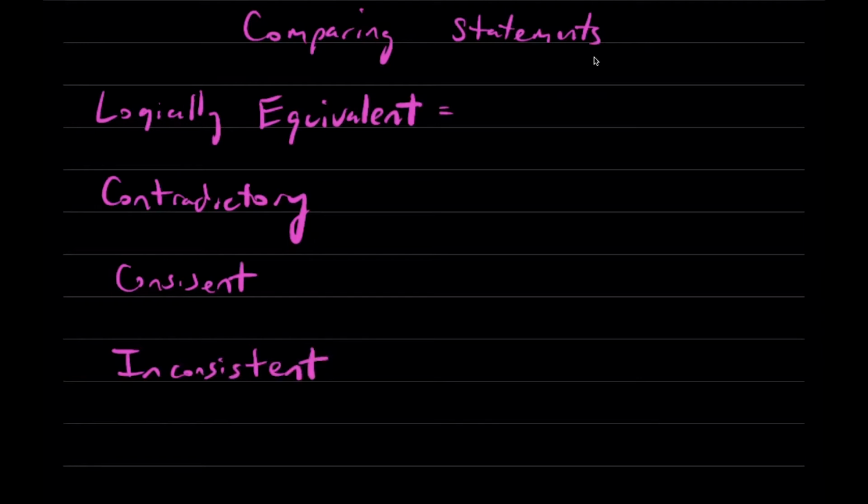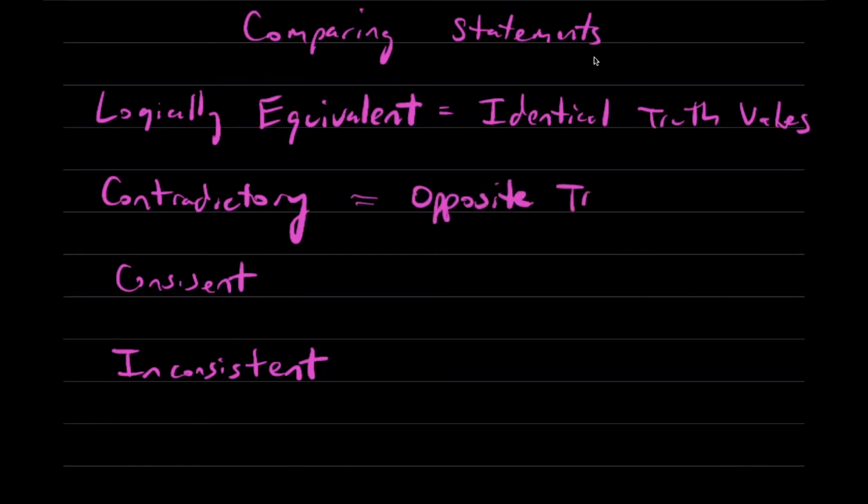I think logically equivalent is pretty easy to figure out. Two statements that are logically equivalent have identical truth values in all possible rows. Statements that are contradictory have opposite truth values, again, in every row of the truth table underneath their main operators.